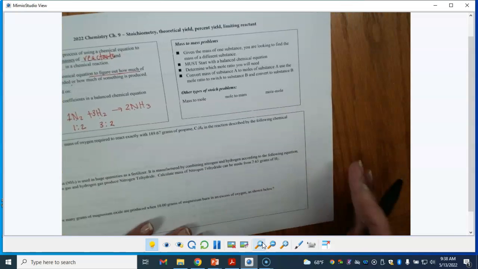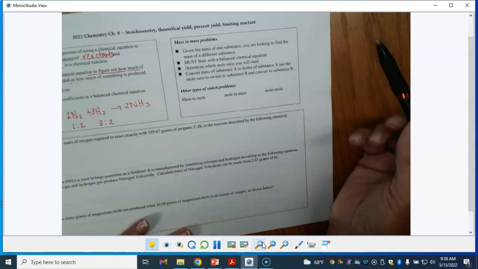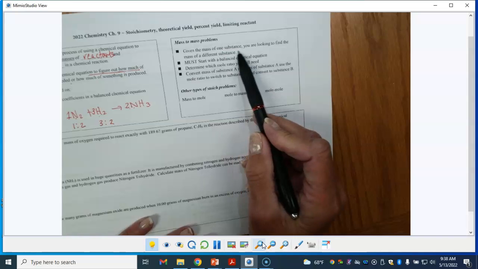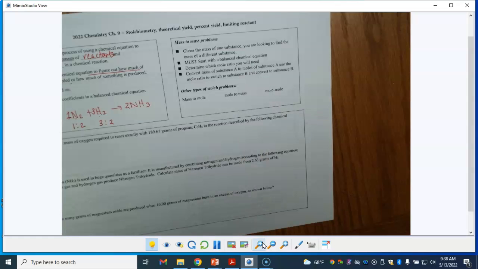So some steps, first of all, we're just going to go straight to it. We're going to work mass-to-mass problems, okay? You're going to be given the mass of one substance, and then we are going to find the mass of a different substance, either a mass of a reactant or a mass of a product. We have to always start with balanced chemical equations.